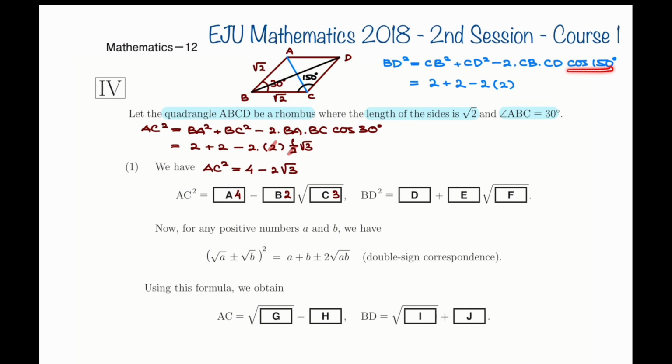Cosine 150 degrees is equal to negative half square root of 3. You can cancel out 2 here, and then minus times negative sign becomes plus. So my final answer for BD squared is 4 plus 2 square root of 3. So the answer is 4, 2, and 3.